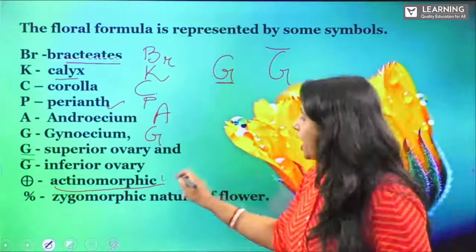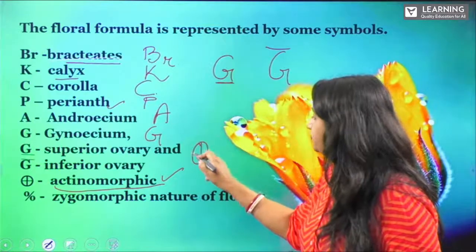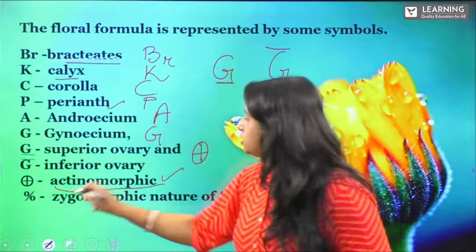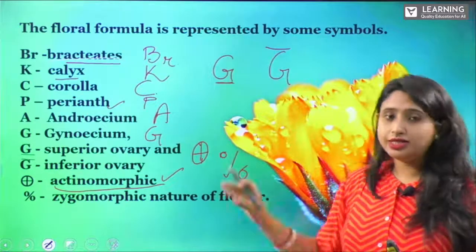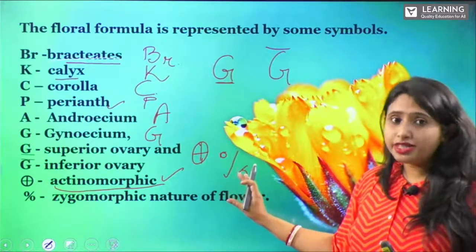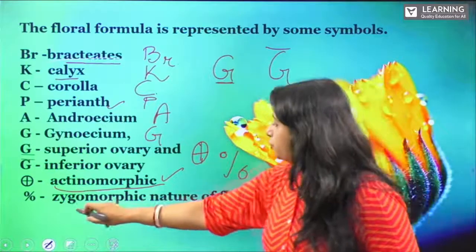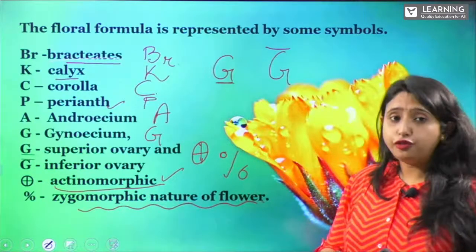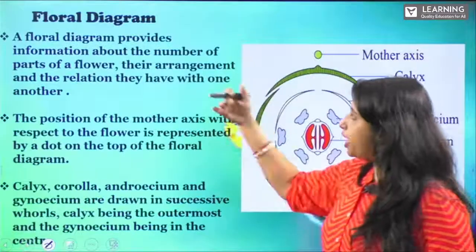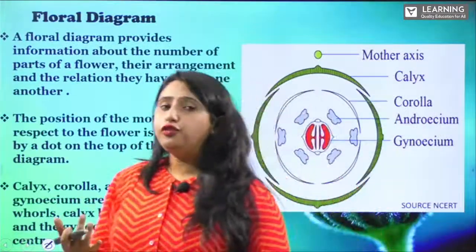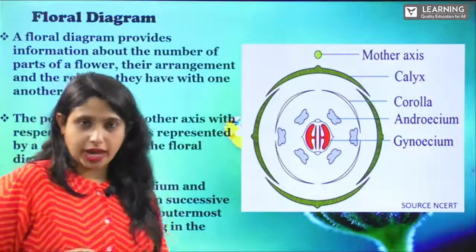So this is the actinomorphic symbol, and this is the zygomorphic symbol, representing the zygomorphic nature of flowers. So these are the various symbols used in a floral formula. Now we have a floral diagram also.